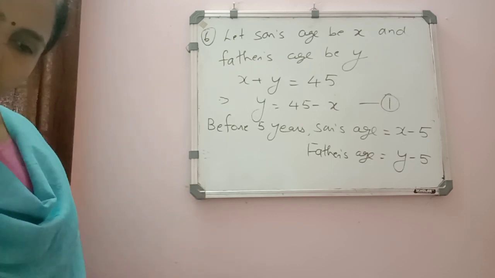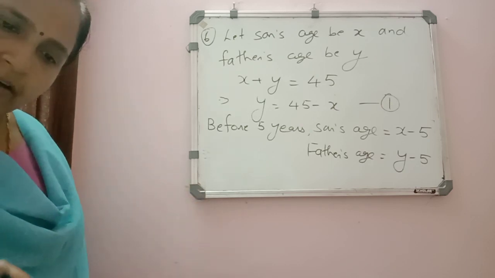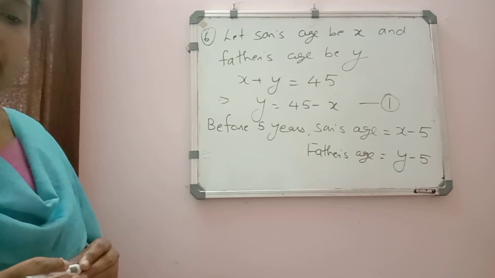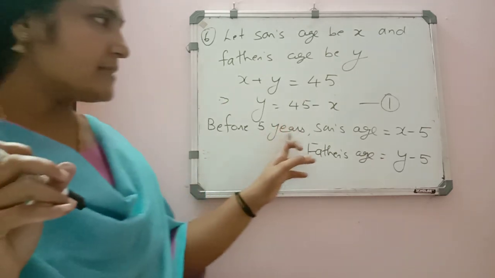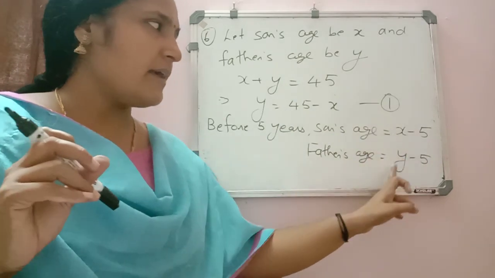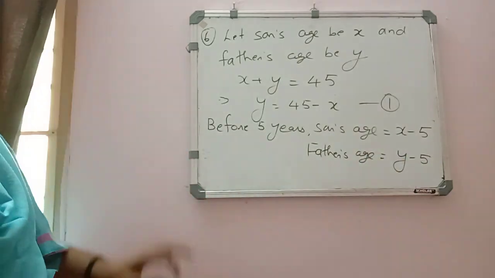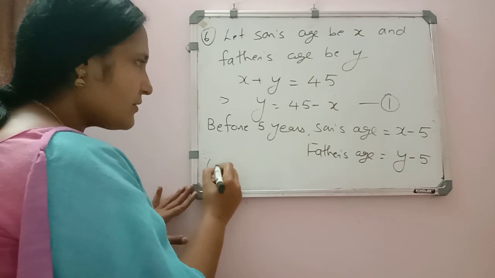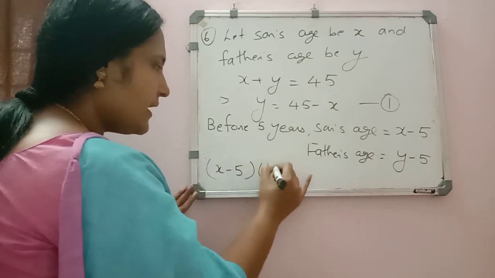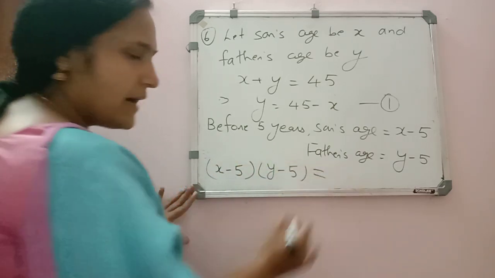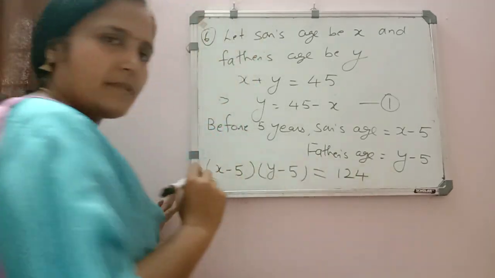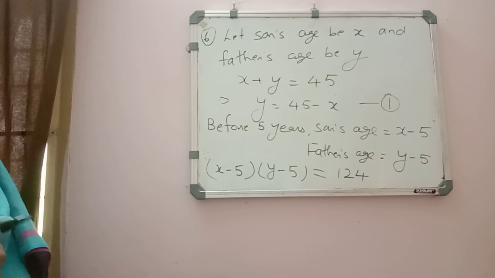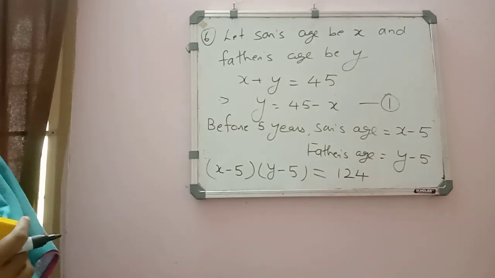Now we will check what is the information given. 5 years ago, the product of their ages was 124. We got their ages 5 years ago as X minus 5 and Y minus 5. So X minus 5 into Y minus 5 is equal to 124.